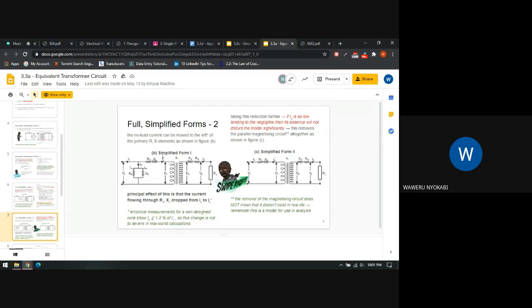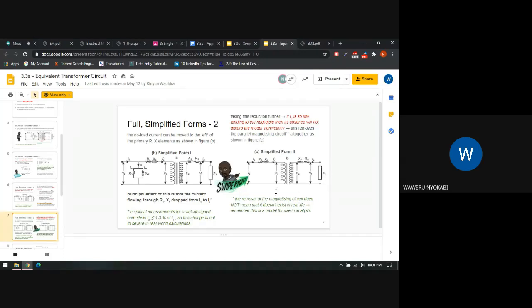But because it's so small, even if you take it to the left, it won't really make a difference. So you can take it to the left, and then you can just remove it, because it's really small. And that's how you end up with this simplified form.